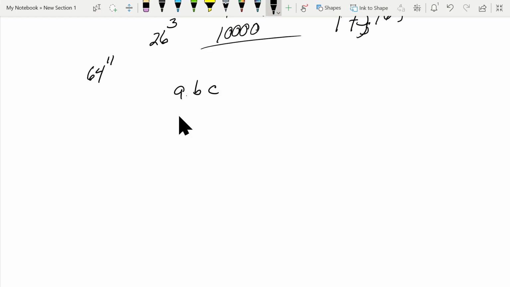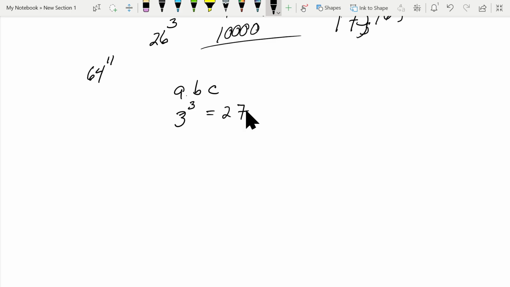So we have 3 to the third, which is 27 different combinations of values. A, B, C, A, C, C. You can list them all.